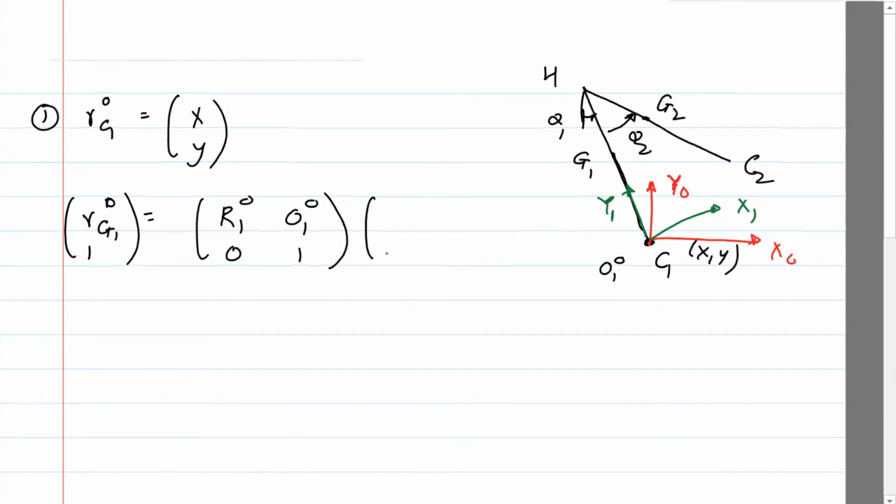And then we'll have the position of G1 in frame 1. So you can see that G1 has a y coordinate along y1. It doesn't have an x coordinate, it's basically 0. So the x position is 0. The y position is, hold on, I think I'm doing something wrong.